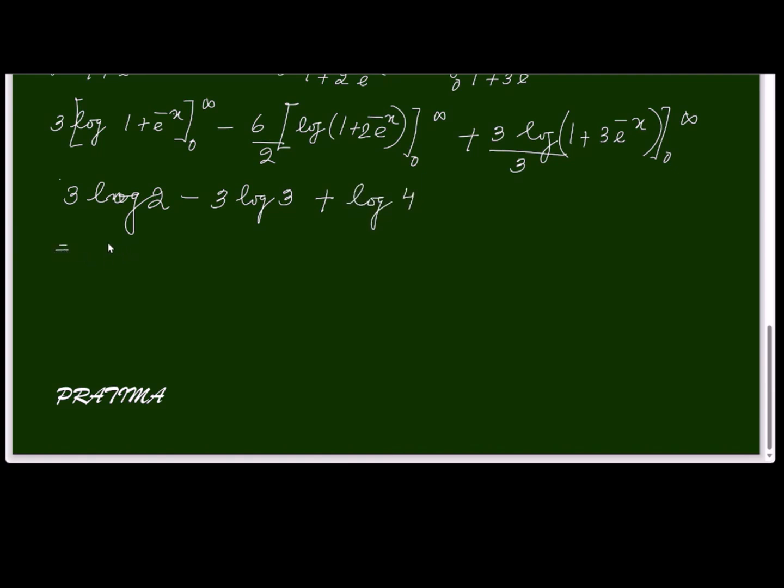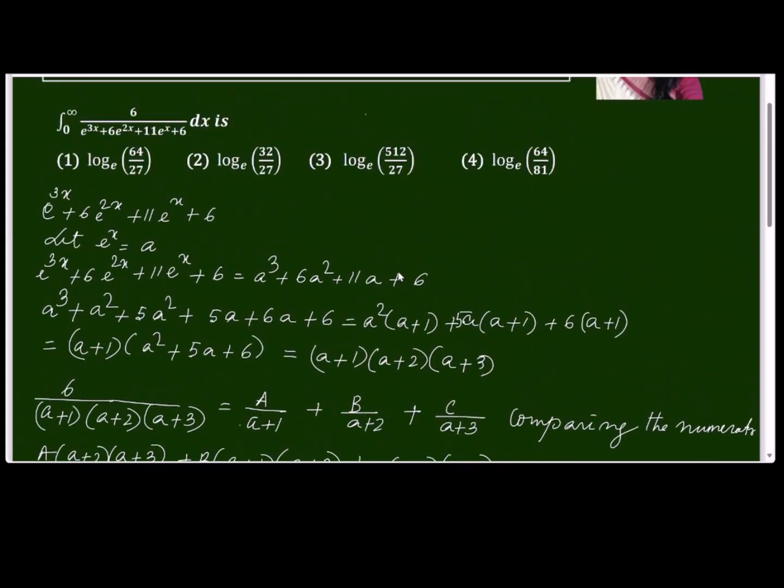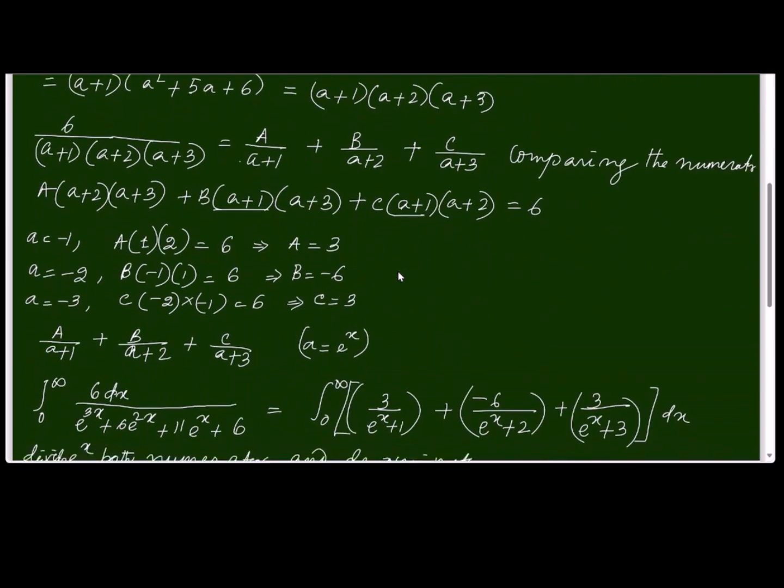Now simplifying, this will be log of 2 to the power 3 multiplied by 4 over 3 to the power 3. So it will be log 32 over 27. That is the answer.